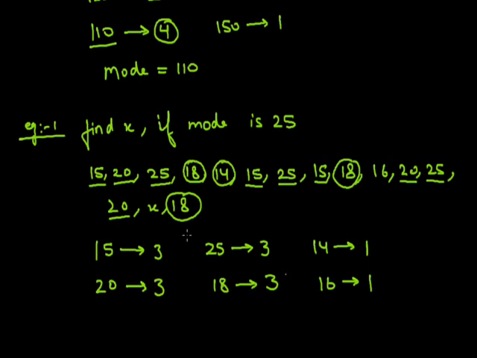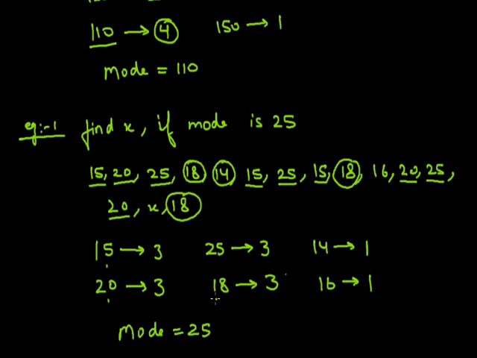Now we have found which observation is repeating how many times, but for all these observations the mode is given as 25. Why is the mode given as 25? Because among these observations 25 is repeating the maximum number of times. But among all these observations 25 is repeating 3 times, and there are other observations, that is 15, 20 and 18, which are also repeating 3 times.